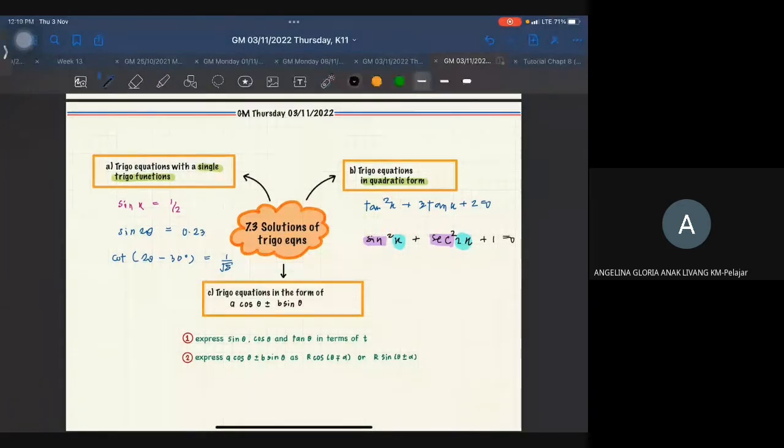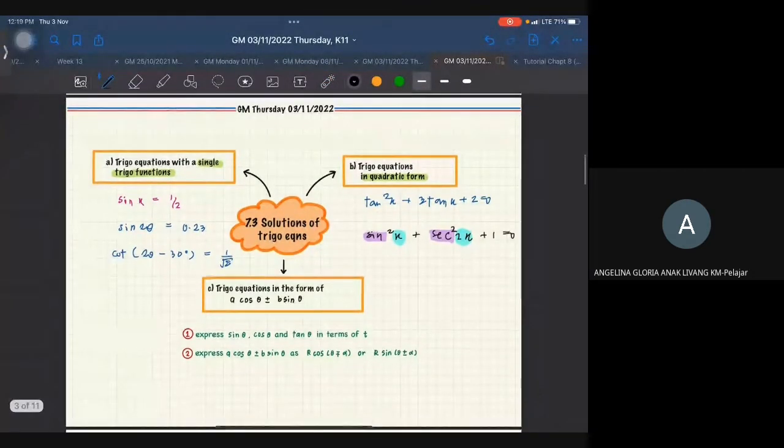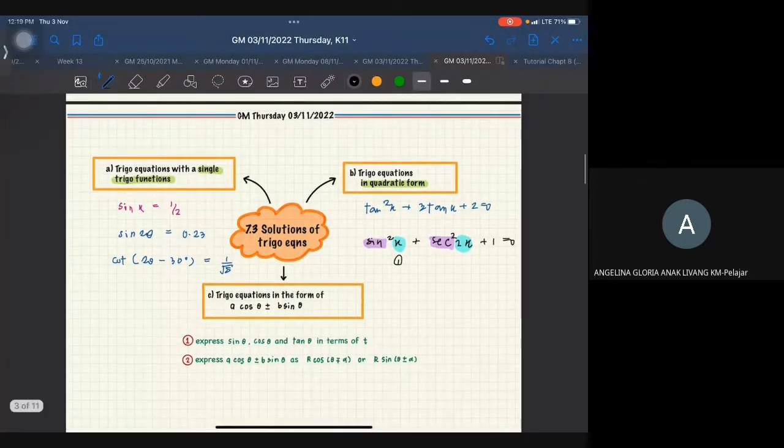Okay, so dua benda yang awak mesti pastikan before awak boleh settlekan dia dalam bentuk kuadratik. So, benda pertama, you need to make sure that it is having the same angle. Same angle. Okay, so second thing is mesti same trigo function.